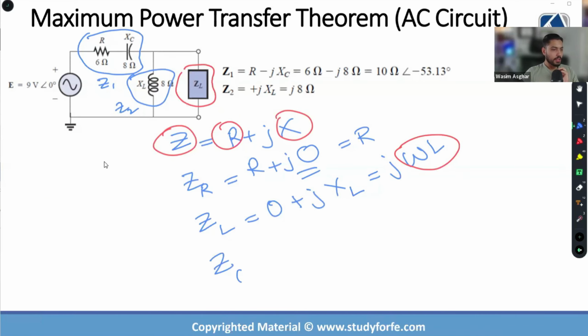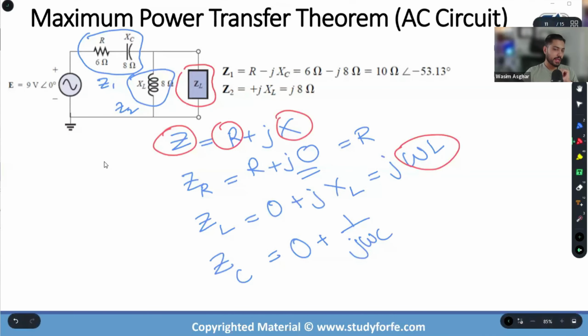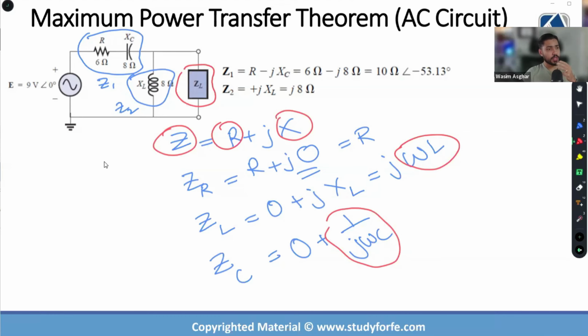When we look at the capacitor, this is where things become interesting because ZC, again, ideally will not have any resistance and it will have 1 divided by j omega C. But this is not the standard form of our complex representation. It is not the standard form of a plus bj, the rectangular form. So if I want to bring this into a standard form, I'm going to multiply this with j and divide this by j.